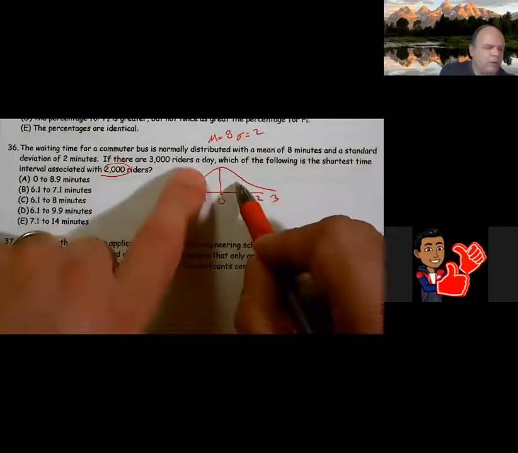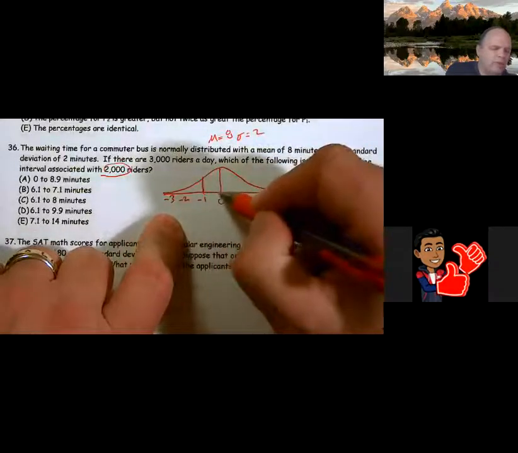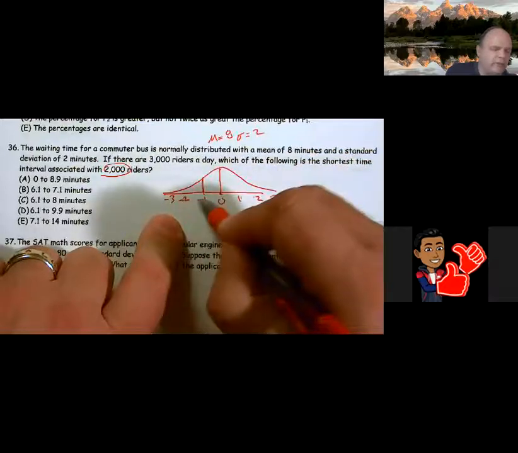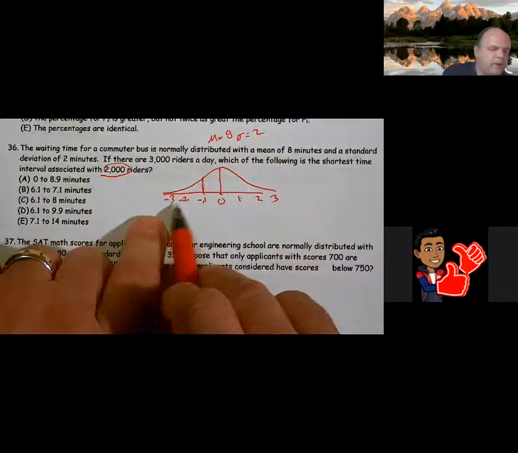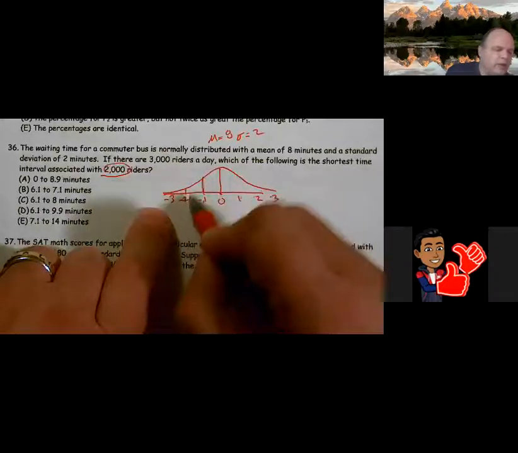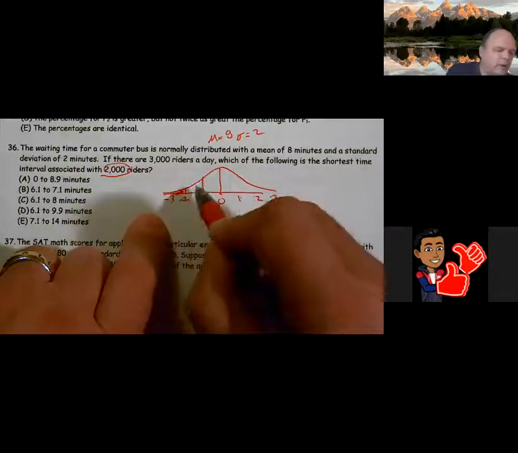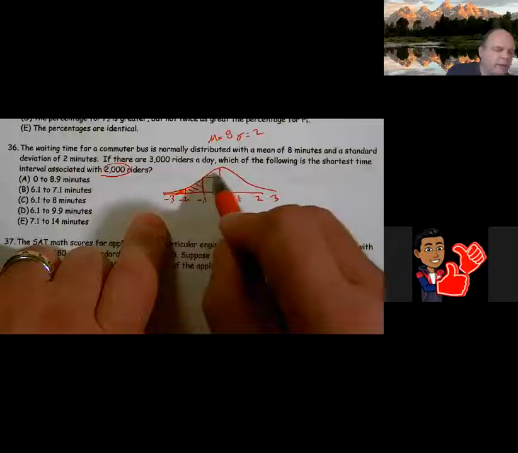There are more data points between -1 and 0 than between -2 and -1, and more between -2 and -1 than between -3 and -2. This area right here is much smaller than this area, which is much smaller than this area.